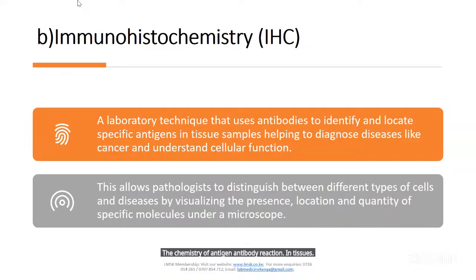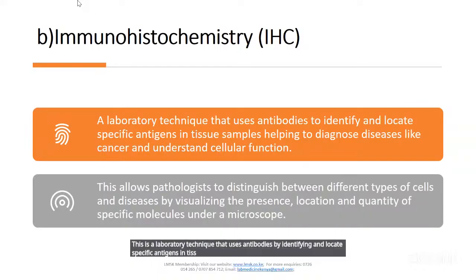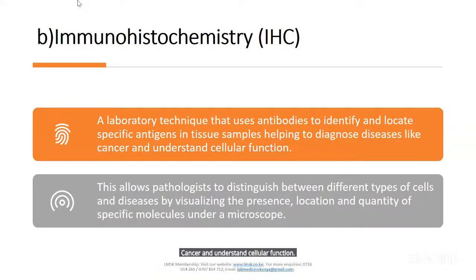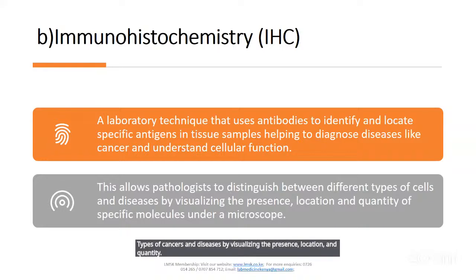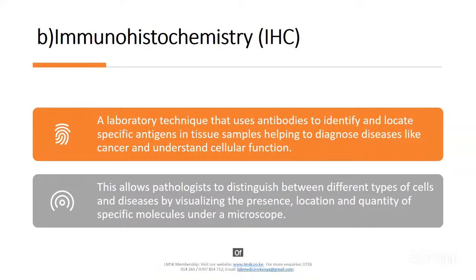This is a laboratory technique that uses antibodies to identify and locate specific antigens in tissue samples, helping to diagnose diseases like cancer and understand cellular function. And this allows pathologists to distinguish types of cancers and diseases by visualizing the presence, location, and quantity of specific molecules under a microscope.